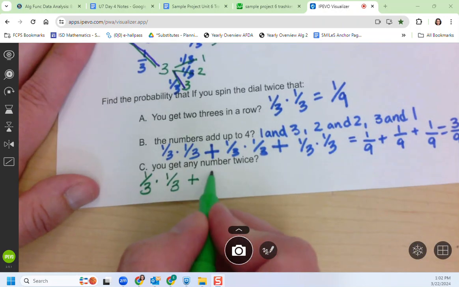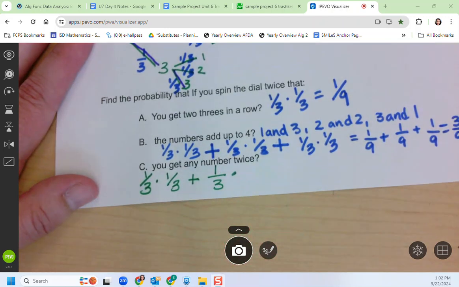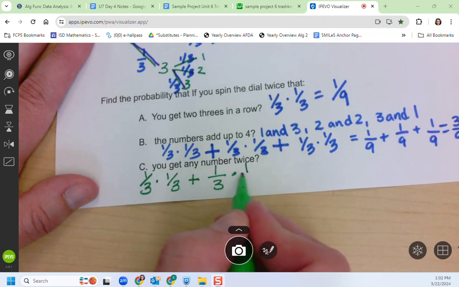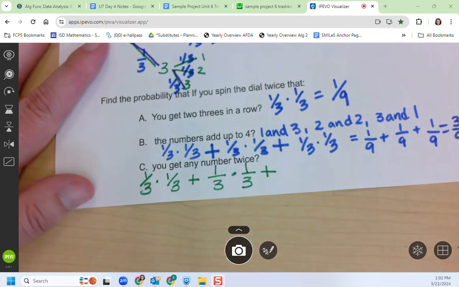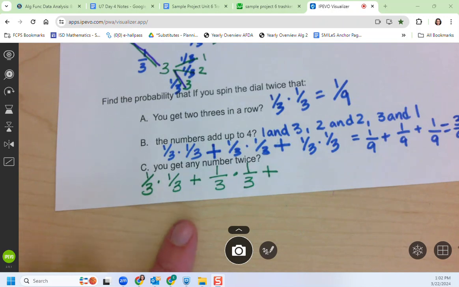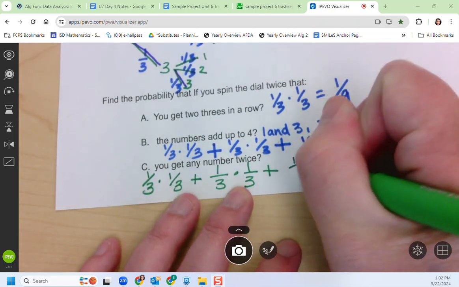Yeah. So the probability of getting a 2 is 1/3, and the probability of getting another 2 is also 1/3. So this is the probability of getting 1 then 1, this is 2 then 2, and now we have to do 3 and then 3, because we're trying to find the probability of getting the same number twice.